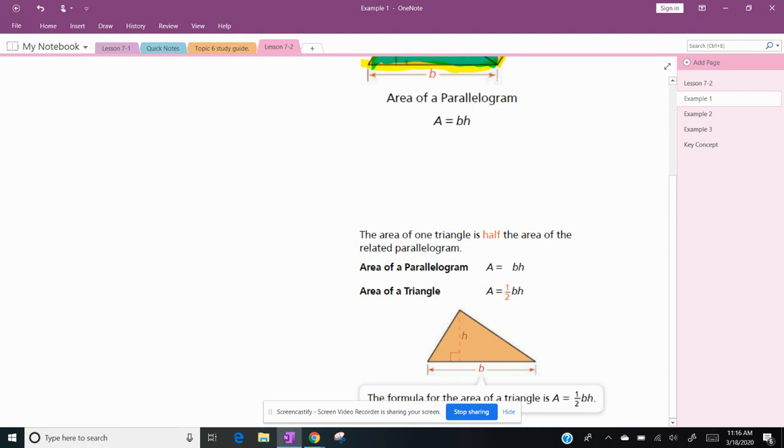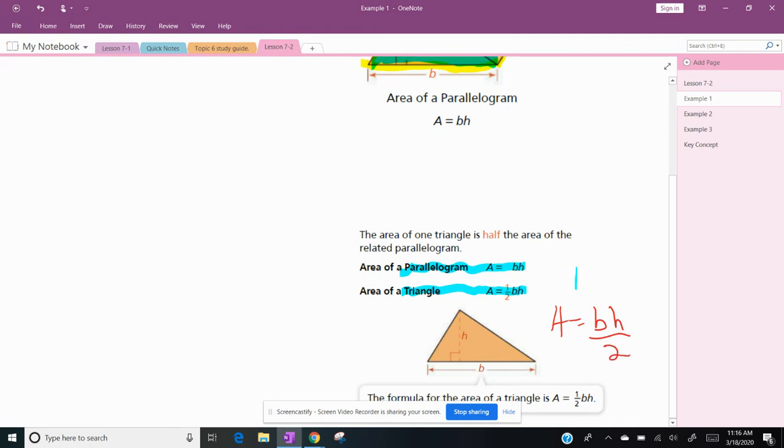So the parallelogram was area equals base times height. For a triangle, it's just going to be 1/2 of the base times the height. And again, you could either do it that way. The way I always did it was a little shortcut: area equals the base times the height divided by 2.